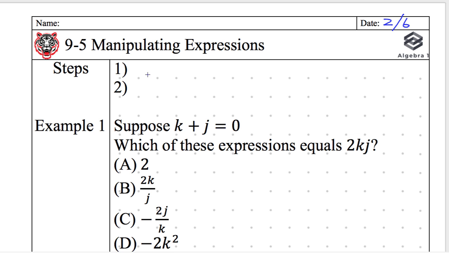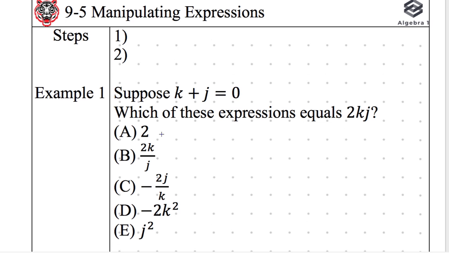Alright, so today's lesson is a little bit tricky. If you look at example 1, it looks really hard, but it basically boils down into two steps. Your first step is to solve for a variable.